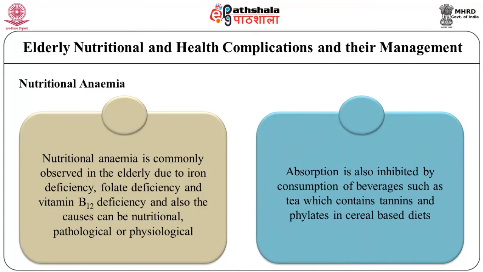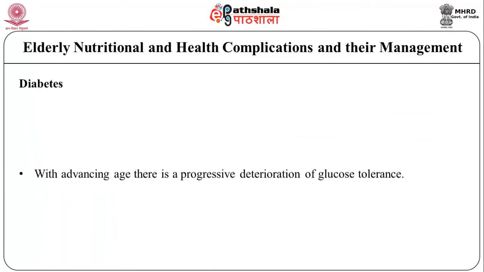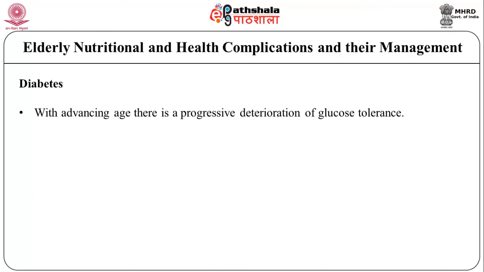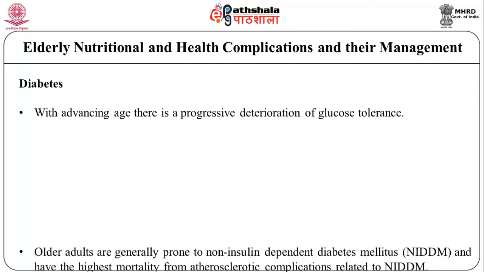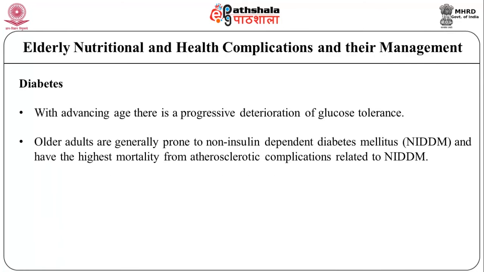The absorption is also inhibited by consumption of beverages such as tea, which contains tannin, and phytates in cereal-based diets. Among diabetics, with advancing age there is a progressive deterioration of glucose tolerance. Older adults are generally prone to non-insulin dependent diabetes mellitus and have the highest mortality from atherosclerotic complications related to diabetes.